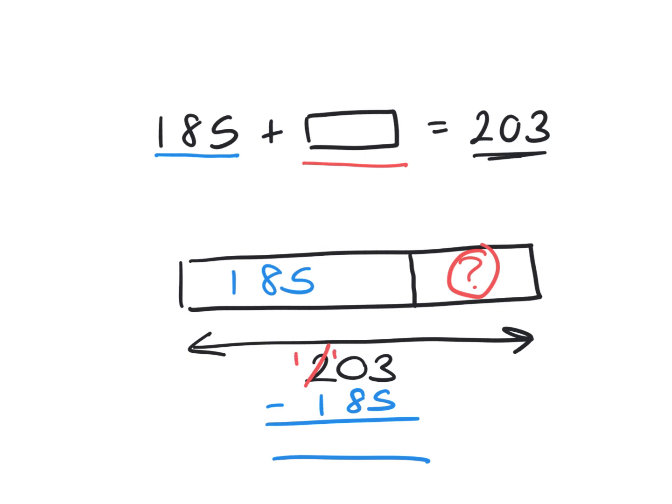From there we can borrow from the 10 tens to make 13 take away 5, which is 8. 9 tens take away 8 tens is a single 10, and the 100 take the 100 is 0 for an answer, or a missing answer, of 18, which goes in this part here.